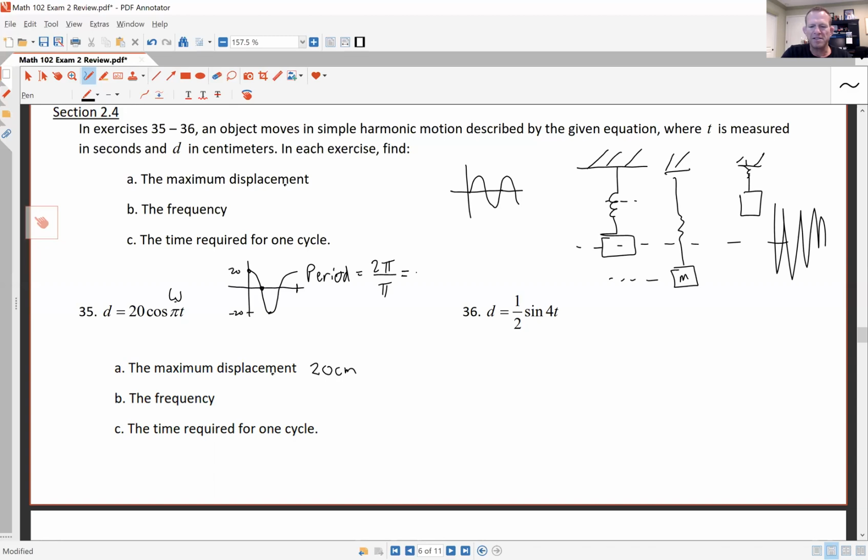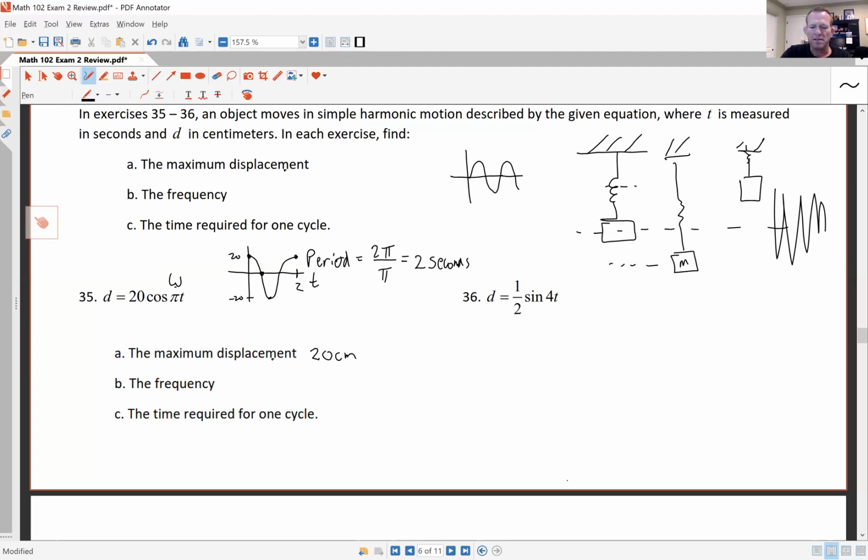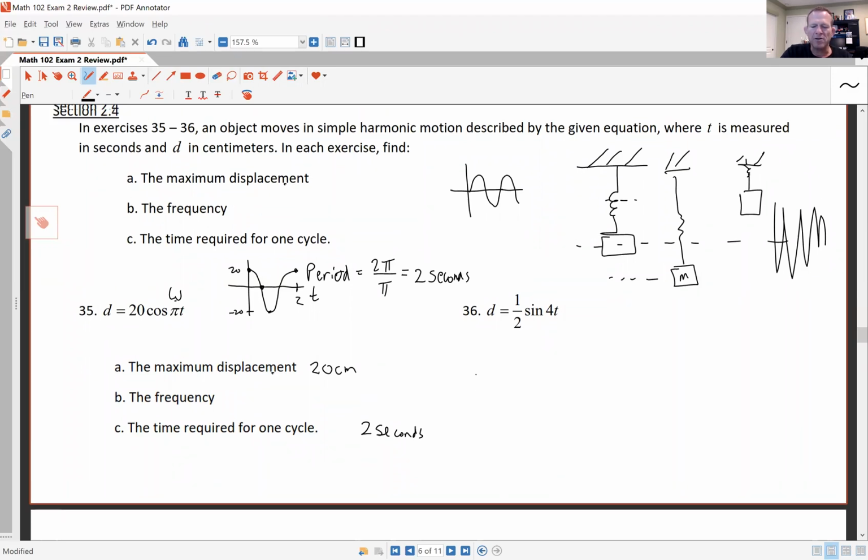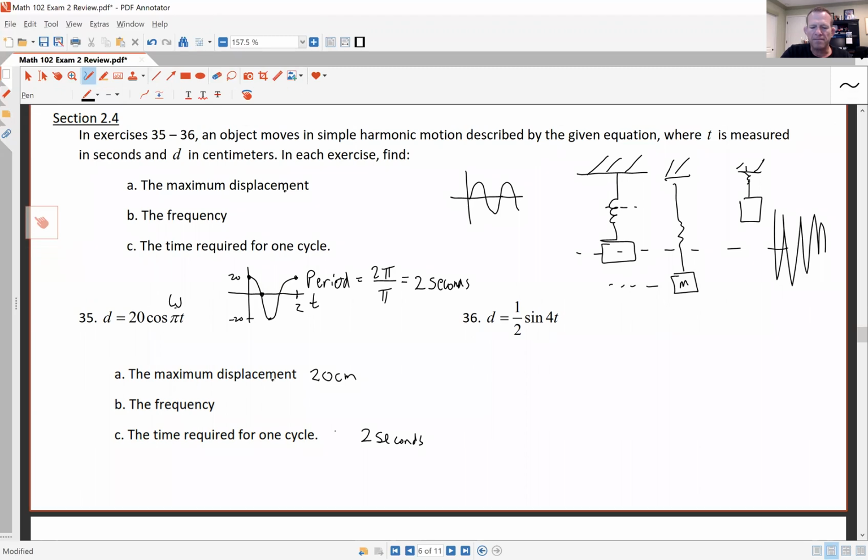And so the period of this is 2, and the t-axis is measured in seconds, so the period of this is 2 seconds. Well, that's the time that it takes to start off at its maximum, go through its minimum, back to its maximum. That is the time required for one cycle. This is 2 seconds. So the time required for one cycle is 2 pi over omega.